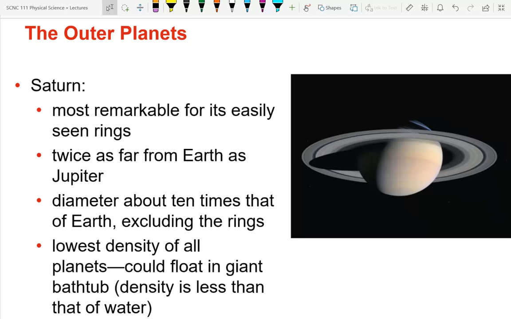The idea is Saturn must have had a comet. Why a comet? Because they're the things that are icy. Must have had a comet that got too close, got inside what we call its Roche limit. And the Roche limit is the distance away from the planet where gravity can hold a chunk together.